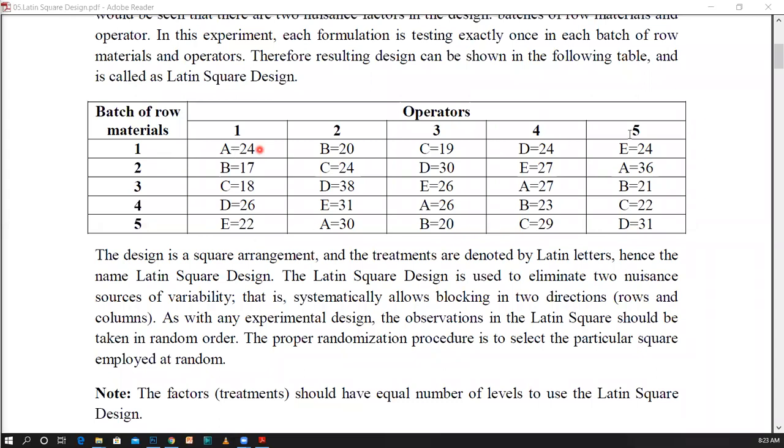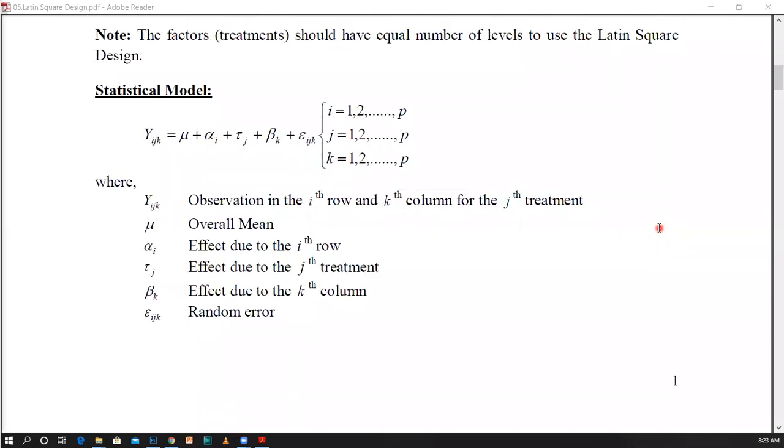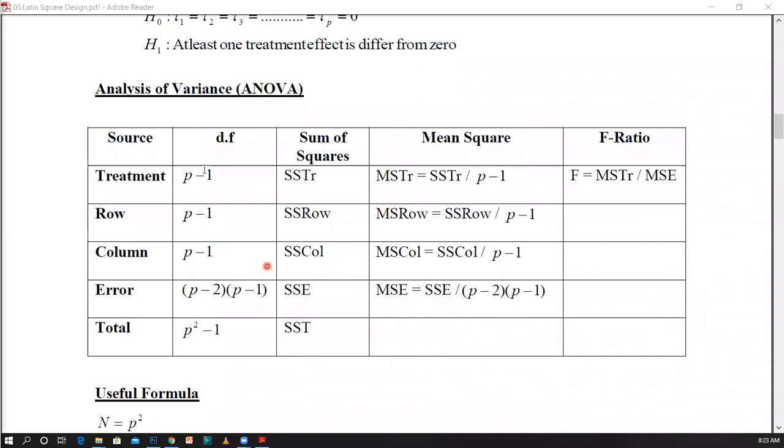Therefore, if you have p rows and p columns, altogether we have p squared observations. So for the total, the degrees of freedom would be equal to p squared minus 1. And if you subtract the sum of these three p minus 1s from p squared minus 1, then you get the error degrees of freedom as p minus 2 into p minus 1.